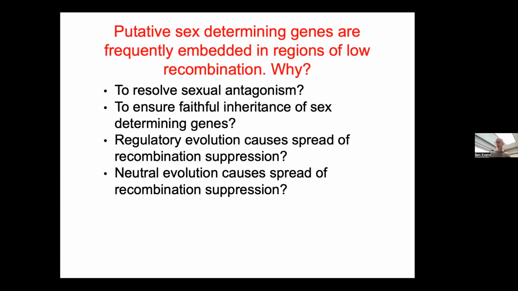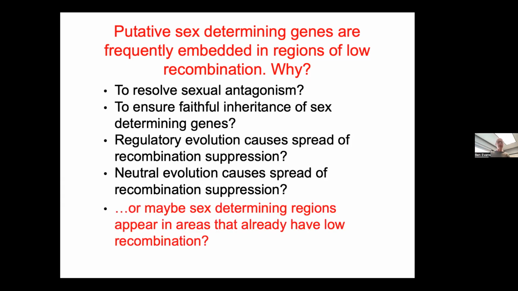And all of these explanations are not mutually exclusive, and possibly they may collectively contribute to recombination suppression around sex-determining genes. But another possibility is that genomic regions that harbor sex-determining genes may themselves have a pre-existing low rate of recombination, and therefore be more susceptible to receive sex-determining genes that evolve de novo, because that's a suitable place that natural selection might favor a sex-determining gene to arise.